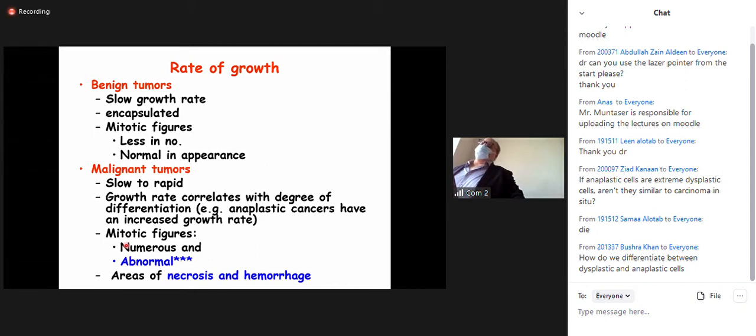And also you will see areas of hemorrhage. The reason why the malignant tumor mass, not the benign tumor mass, is hemorrhagic is that the tumor cells have proliferated so much that there is very little blood to be enough for them. So the tumor cells resort to upregulation of certain mechanisms that make new blood vessels.